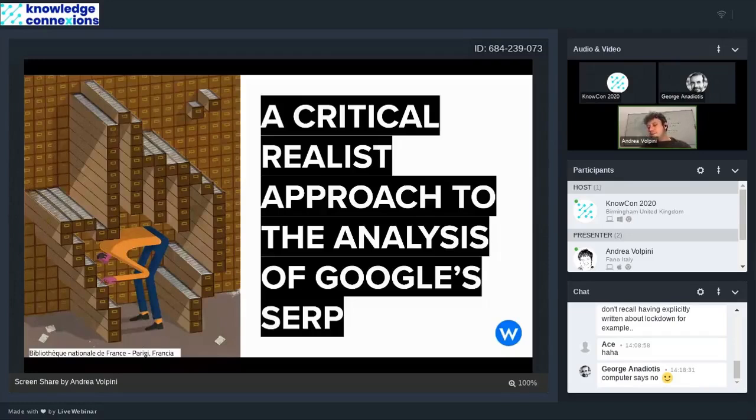In reality, a lot of SEO is built on positivism, and positivism looks for universal laws. But in SEO, there are no universal laws that you can apply.